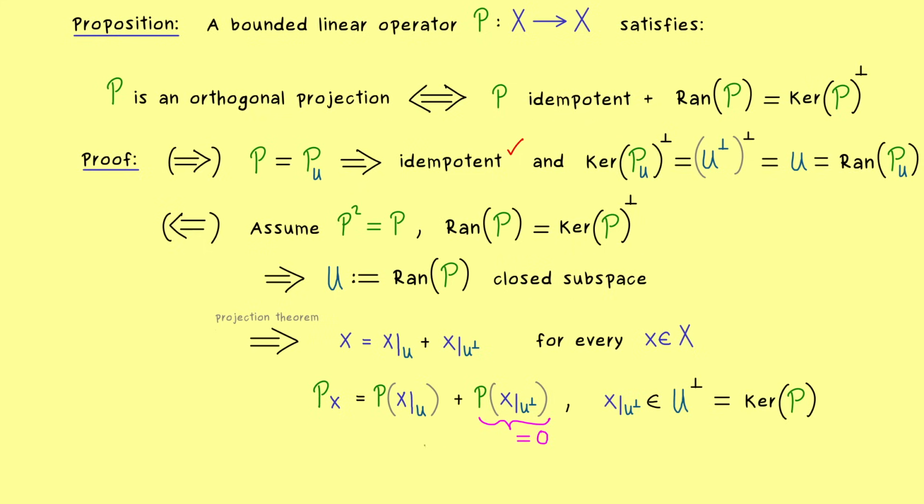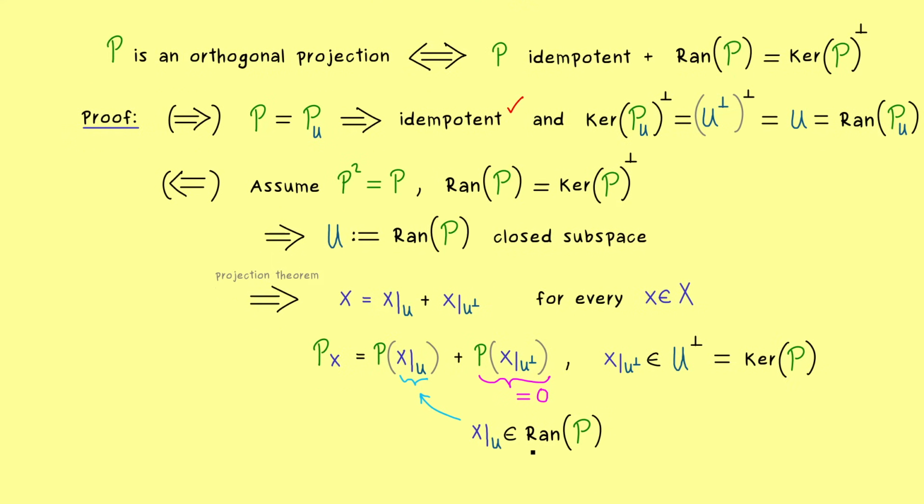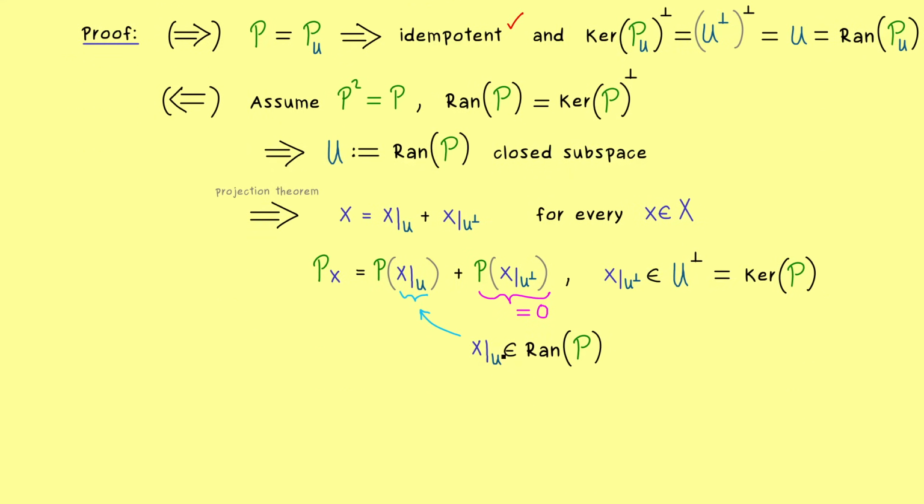Therefore, we just have to talk about the first element here, but there we know it lies in the image of P. Hence, by definition, we find a pre-image such that P of this pre-image gives us our x projected to U. So maybe let's simply call this pre-image z, and this one we can use now. So again, z is chosen in such a way that we get x projected to U out.